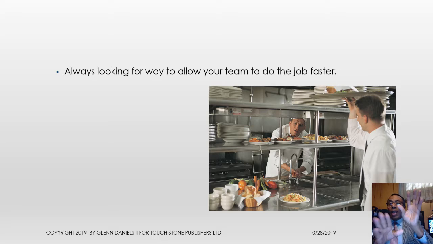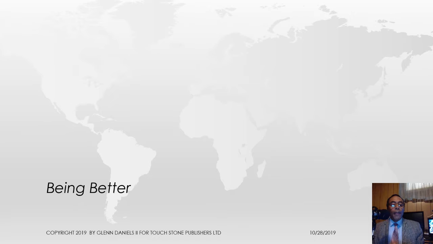Ask your team. You know what the long-term goal is. You're aware of that. And the people who are doing the job, because they're doing the job, have a different view, and they probably have some great ideas that you need to hear and implement. So ask your team if you want to get something being better.